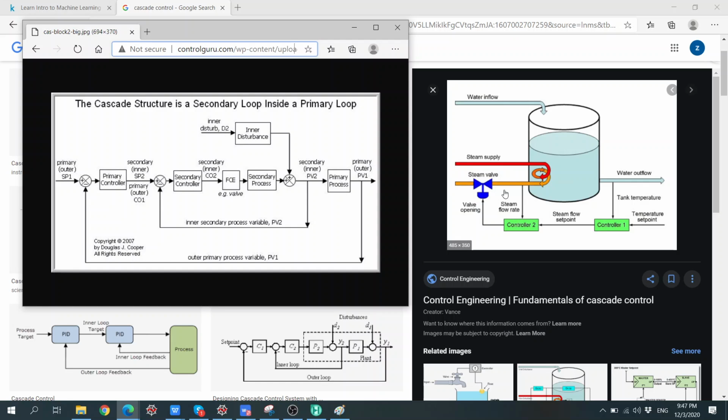So this is the inner circle, and it has the set point coming from this controller. You can see the arrow coming in. This controller is measuring the outlet temperature over here, so it gives the signal back. So we have the temperature going down, for example.